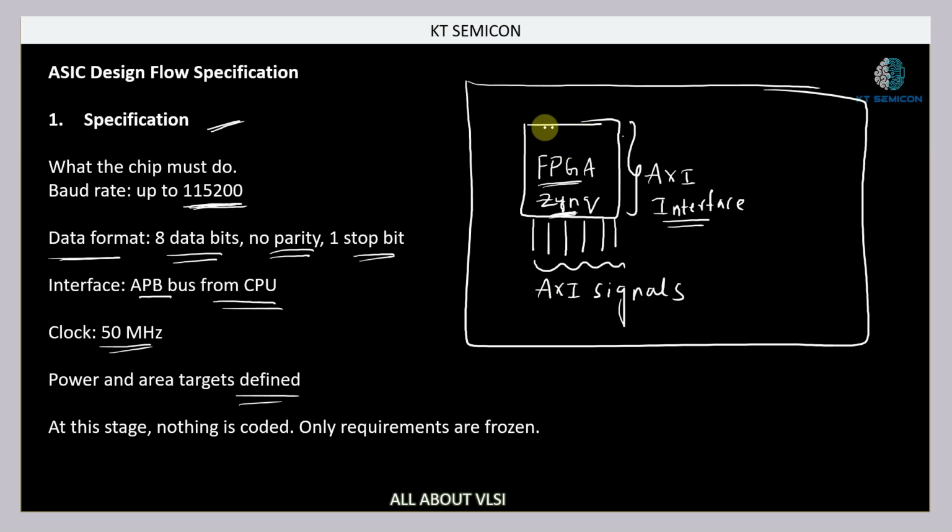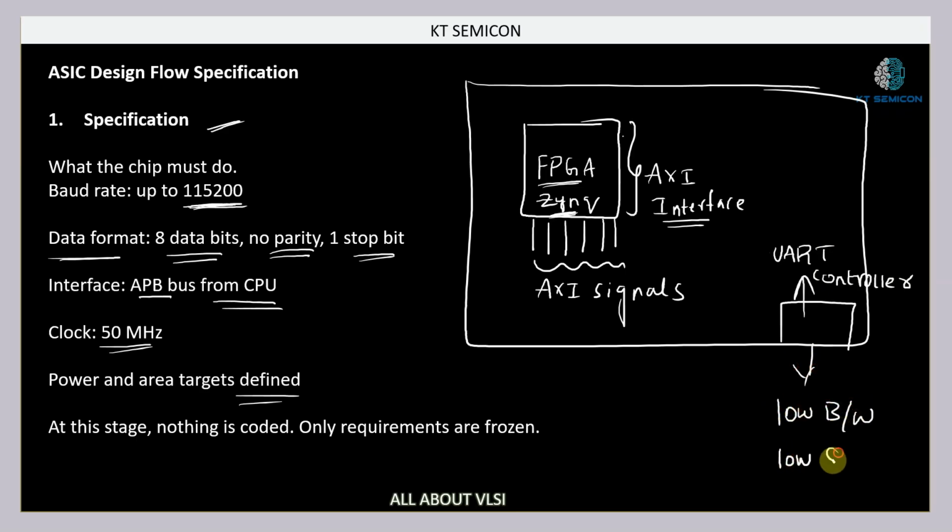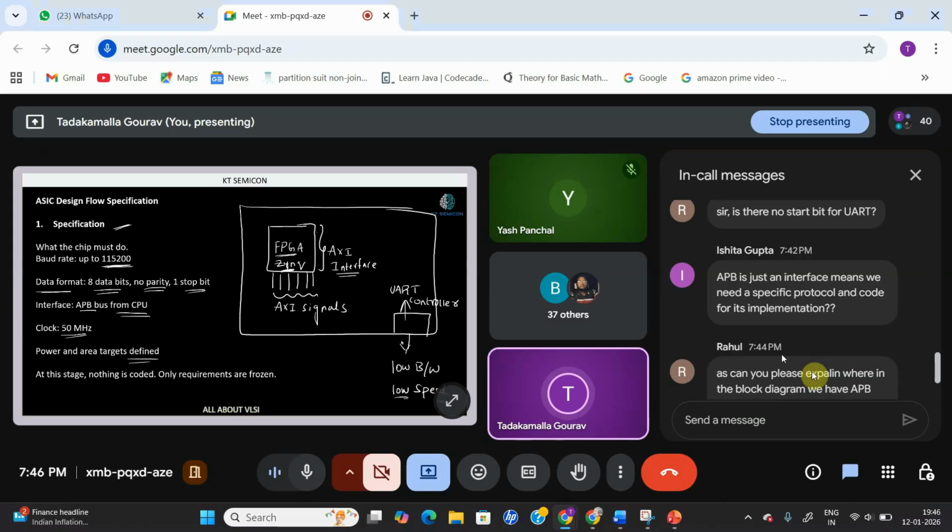Now, if I want to establish the connection between this chip and a peripheral chip like a UART controller, which is basically controlling my external device like a UART. Let's say this is a UART controller. This is very low bandwidth and low speed because it's a peripheral device. It is controlling a peripheral device.